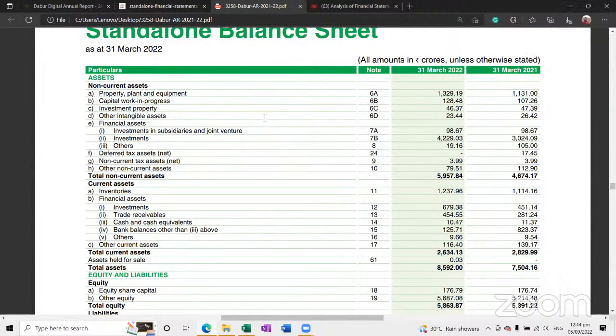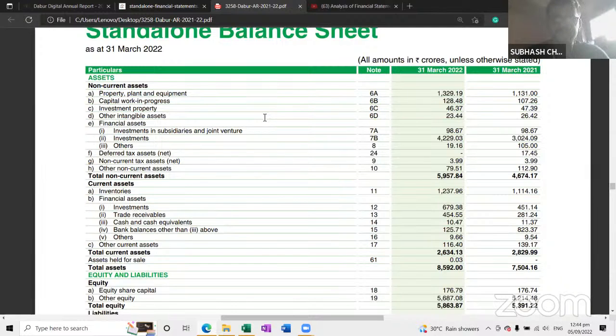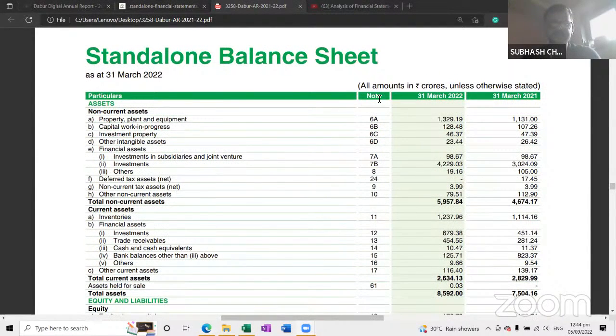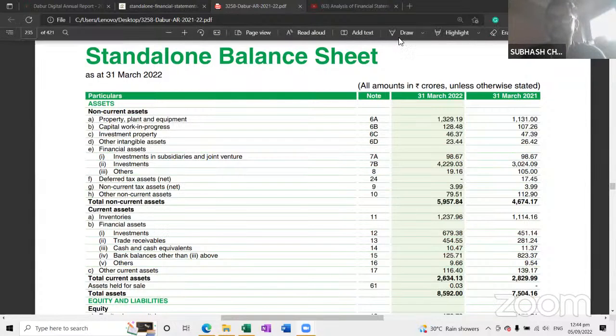Okay, now see, since it is visible to you all, let's go ahead. Just tell me the heading of this. Are you able to find it? It's a balance sheet as on 31st March 2022. Am I correct?